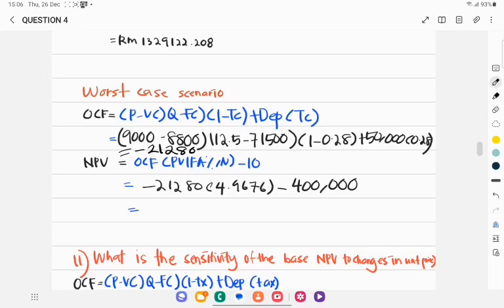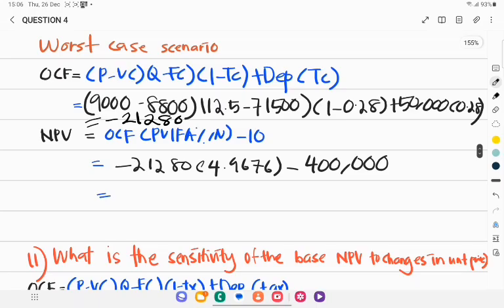Next, we move to calculate the NPV. So the formula for NPV is OCF multiply PVIFA minus IO. So minus 21,280 multiply 4.9676 minus 100,000. So the answer for this is 205,710.53.